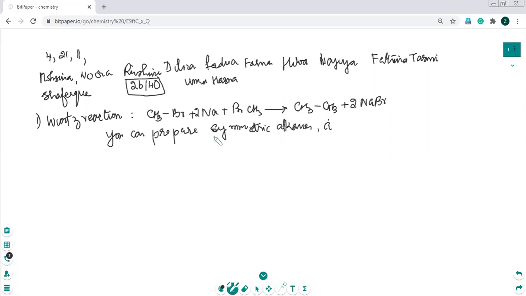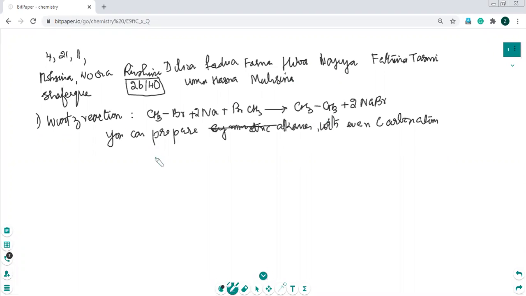Not symmetric alkanes, that is wrong. Alkanes with even number of carbons, that means you can prepare 2 carbon, 4 carbon, 6 carbon, etc.